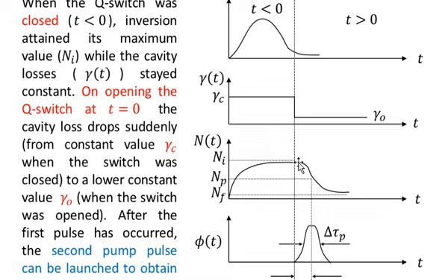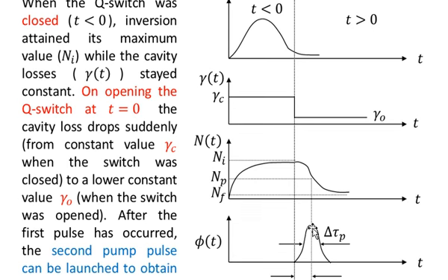So this population inversion starts falling. That is, the population inversion is going to decrease. And you know that when the population inversion decreases, it contributes a number of photons in the cavity. At the same time, look at phi as a function of t. The number of photons increases.